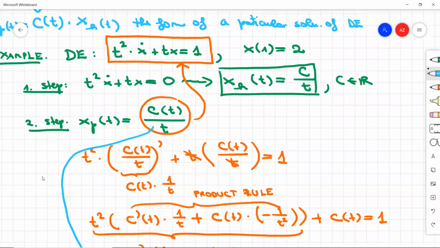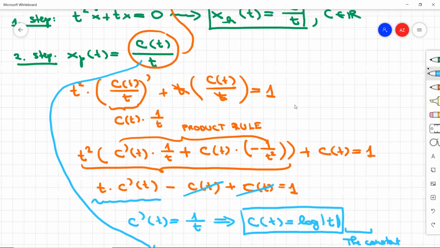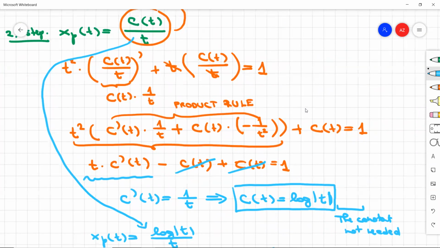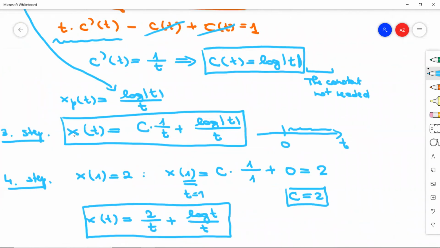So should it be c squared over t, or is it okay if you just use c over t? C over t, so c is a constant. Yes, no, below when you wrote the result. This step 3? Yes. Step 3. So it's c over t.